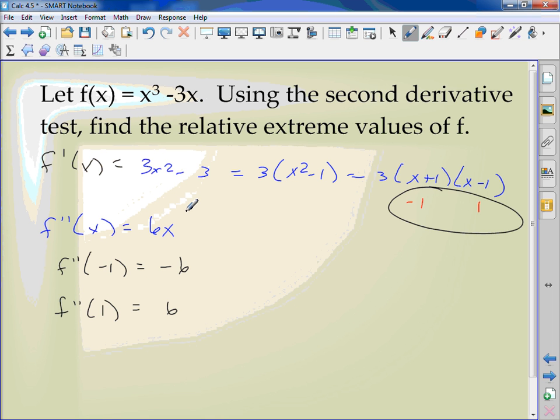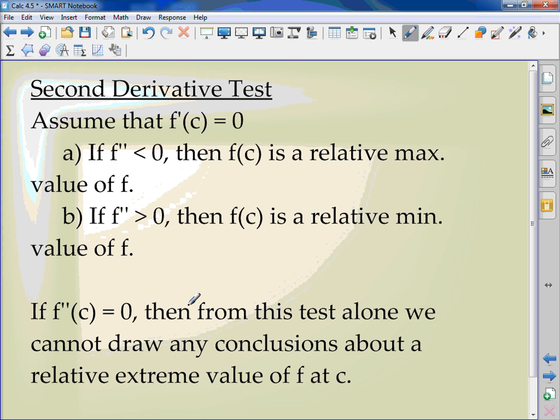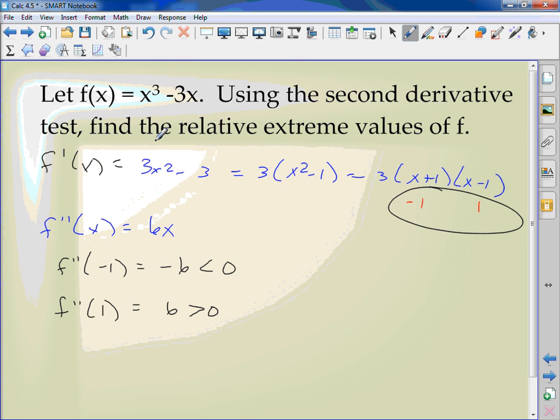If this is less than 0, and this one is greater than 0: if it's less than 0, it is a relative max. If it's greater than 0, it is a relative min.